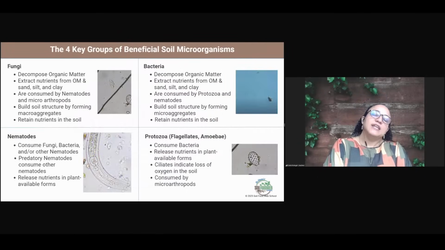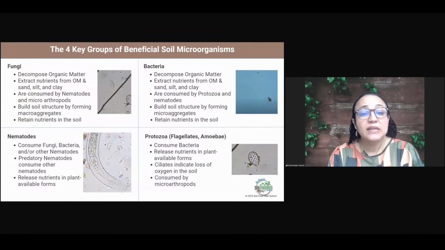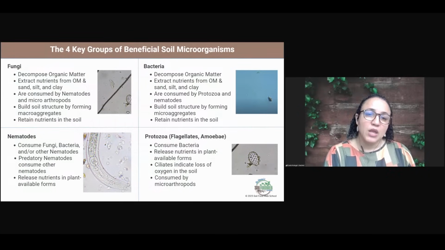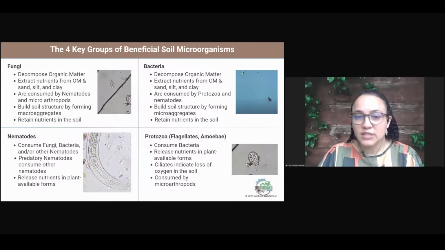So, as you guys remember, many of you have already done our foundation courses, some of you have already completed the CLP courses and are on the CTP or GTP program. Here at the school, we focus on 4 key groups of beneficial soil microorganisms. The first one that I want to talk about is the bacteria. We have insane diversity of bacteria in any soil around this planet.